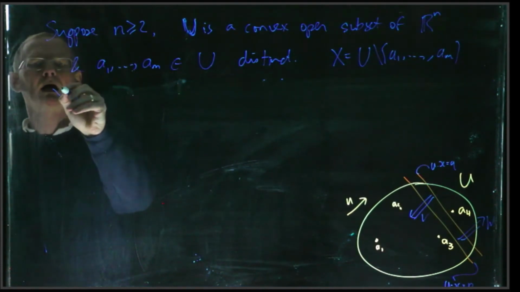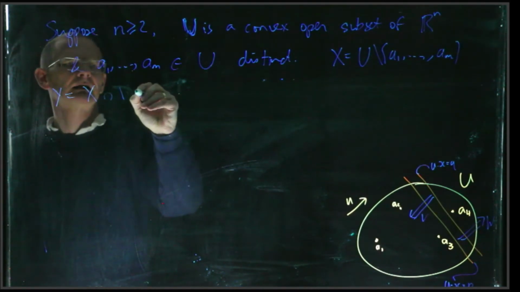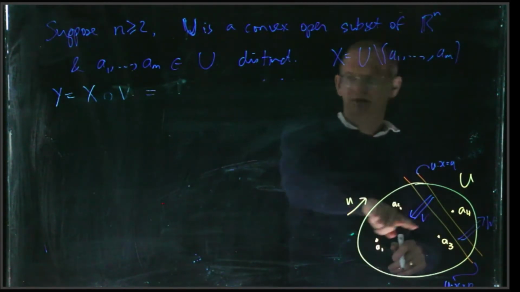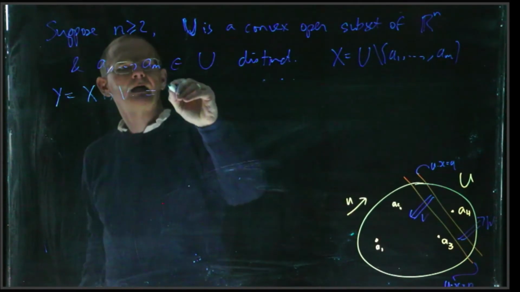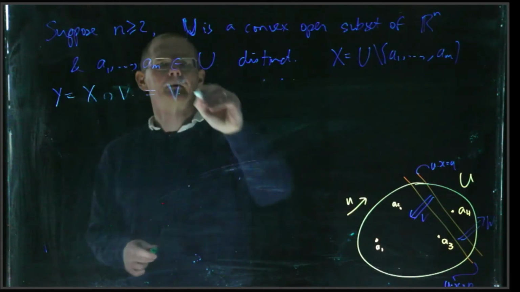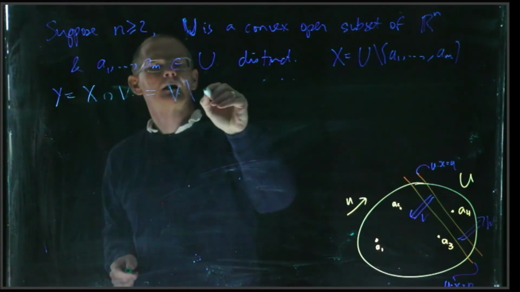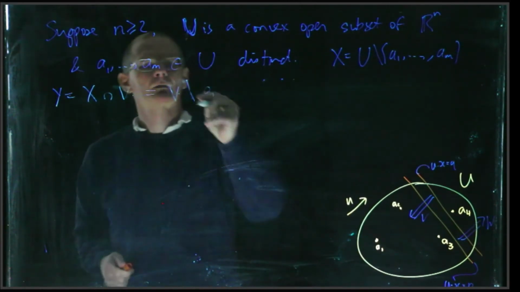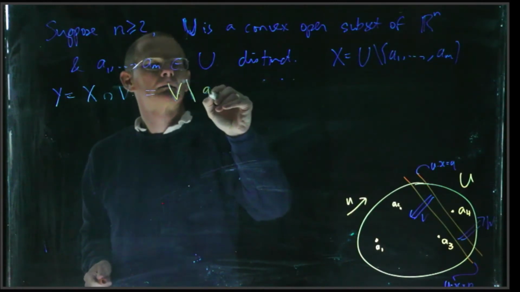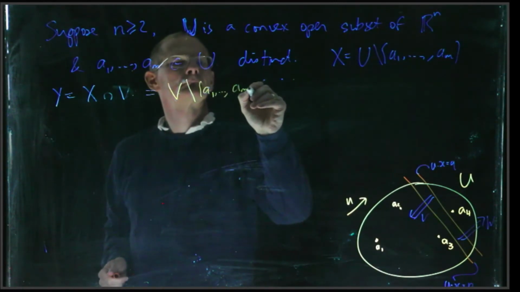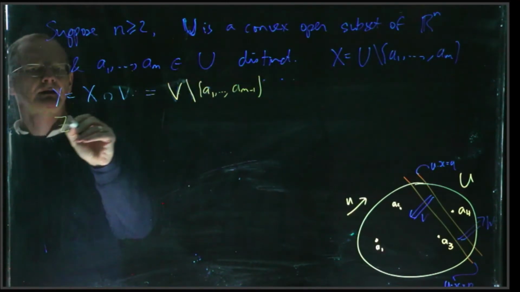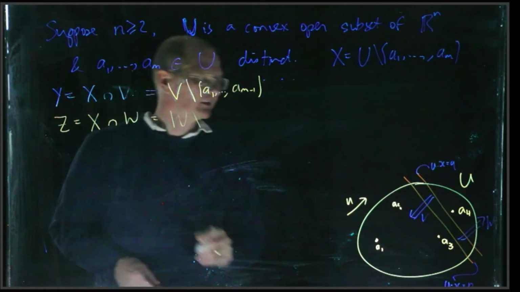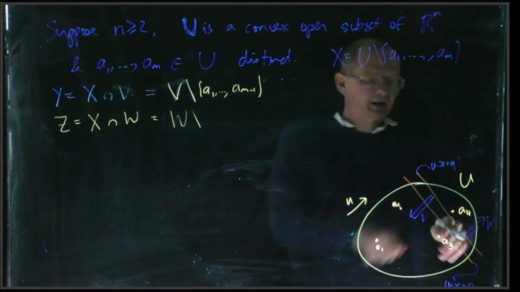So we put Y is X intersect V. V is the stuff down here, so that's the same thing as taking V and removing all the relevant points that lie in V, which are a_1 up to a_(m-1). And we put Z is X intersect W, which is everything up and to the right of the second line.